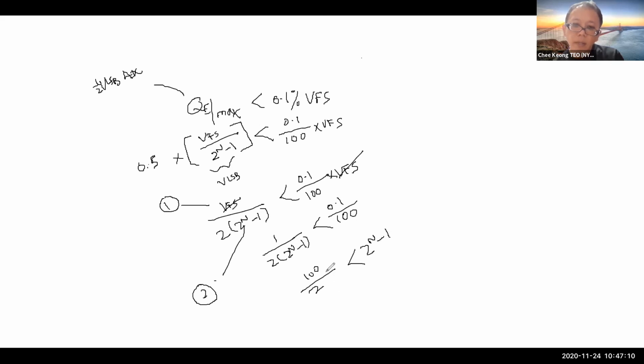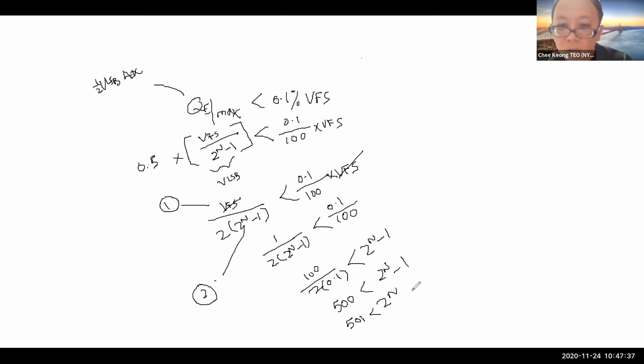And then my 0.1, I move down. So this is 100 divided by 2, you get 50. 50 divided by 0.1, you get 500. So 2^n minus 1 is 500. If you move this guy over here, it becomes 501 less than 2^n.